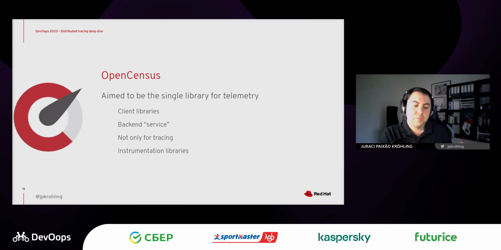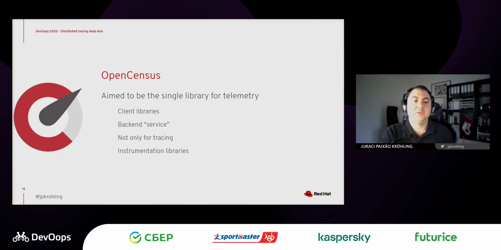The second interesting part of OpenCensus was that it provided a backend service called OpenCensus Service. We're going to talk more in detail about that in a couple of slides. The third aspect of OpenCensus is that it was not only for tracing, but it was also for metrics, and in the future, it would have been also for logs.